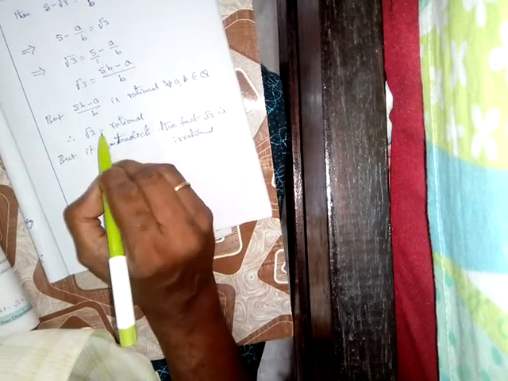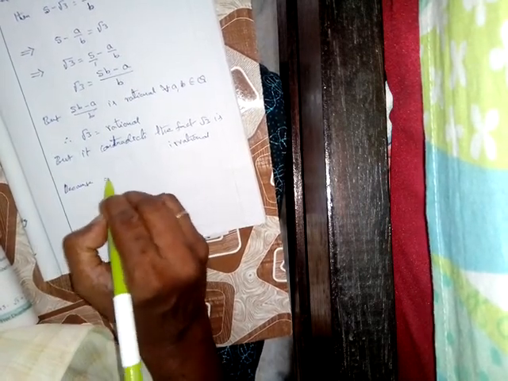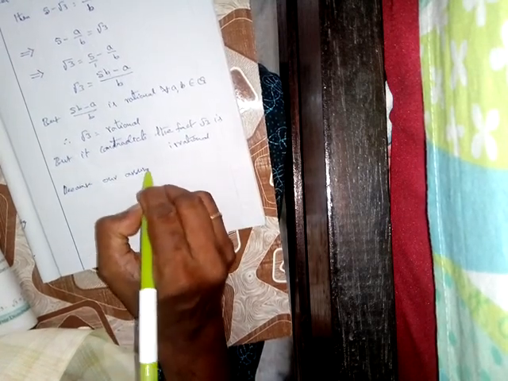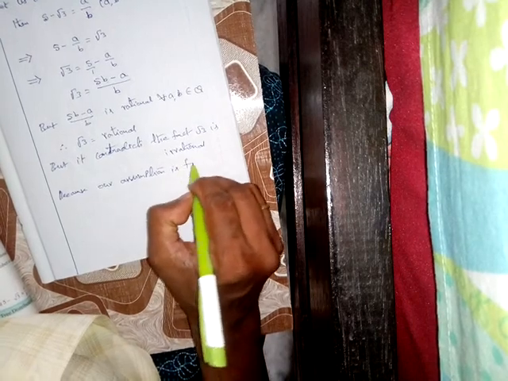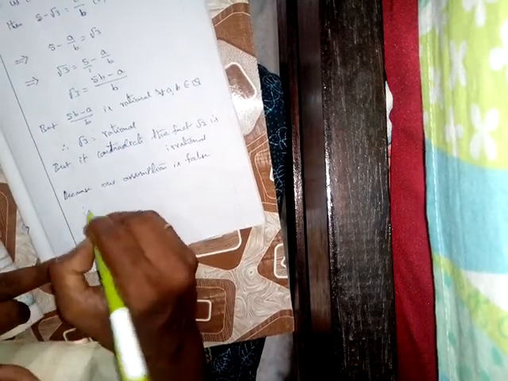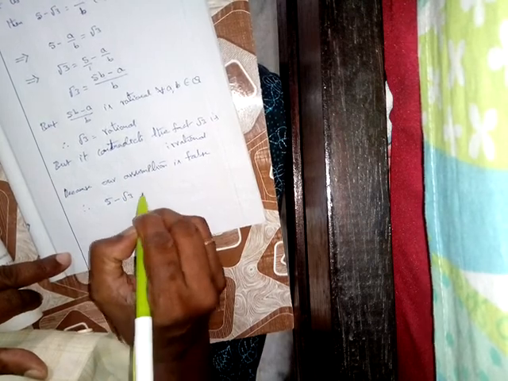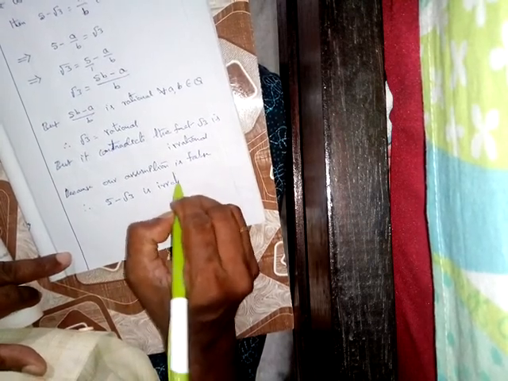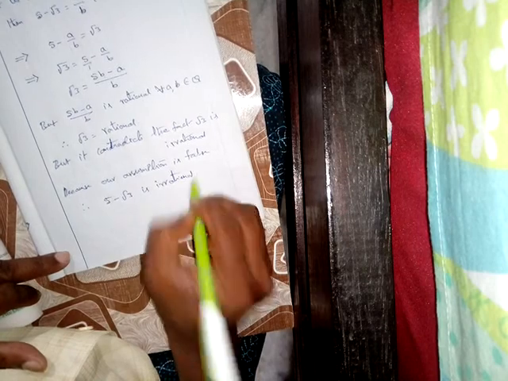We know that actually root 3 is irrational, not rational. But how did we get root 3 as rational? Because of our assumption. What did we assume? We assumed that 5 minus root 3 is rational. Our assumption is false. Therefore 5 minus root 3 is irrational.